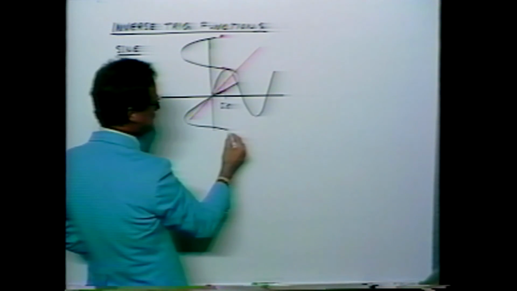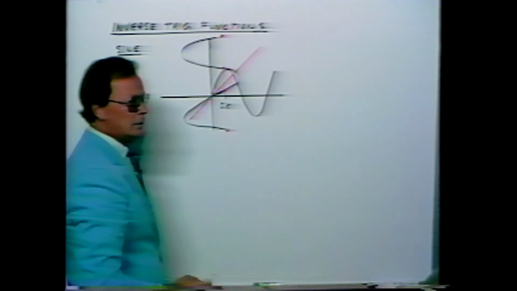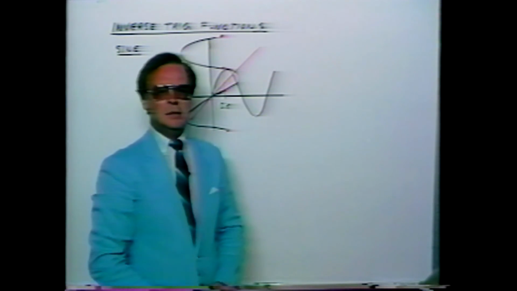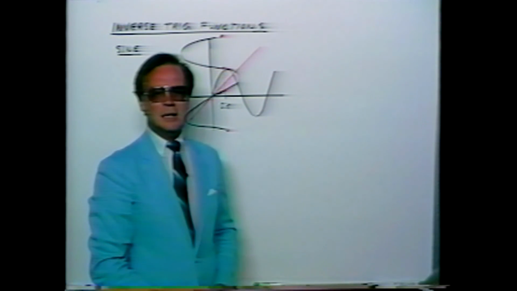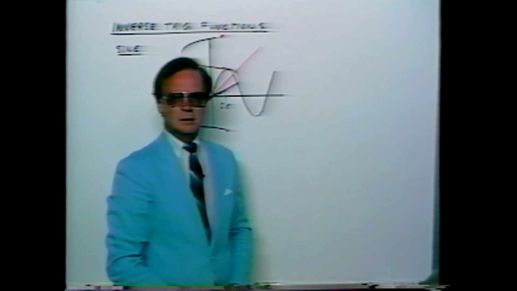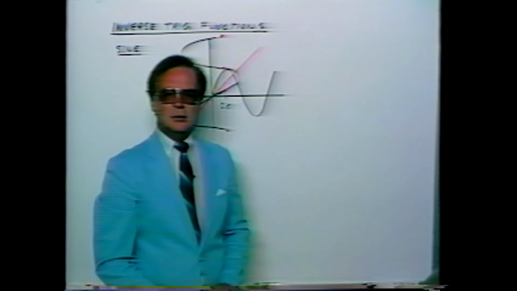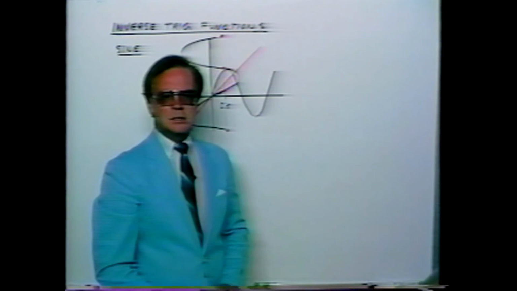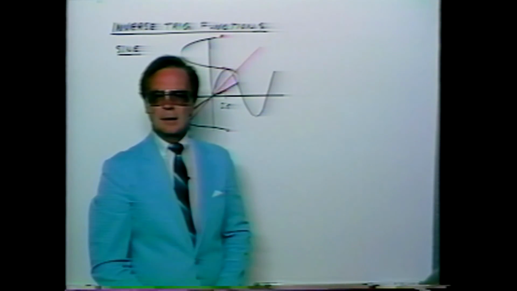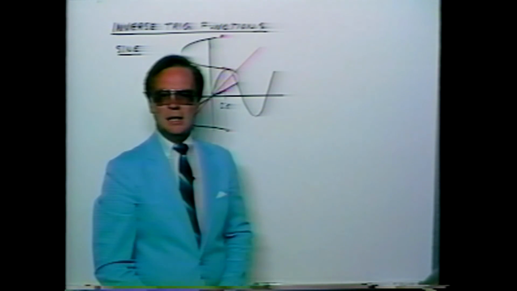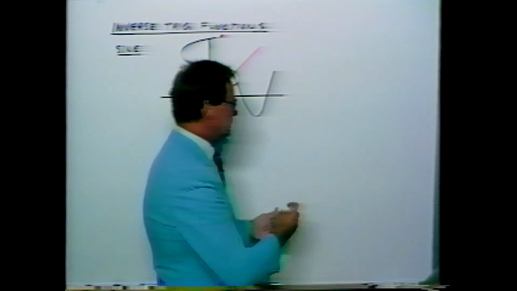So for any given functional value, there's an infinite set of angles which satisfy that quantity. In other words, the sine of 30 degrees is 1 over 2. But so is the sine of 150 degrees, 210 degrees, 240 degrees, and so on.